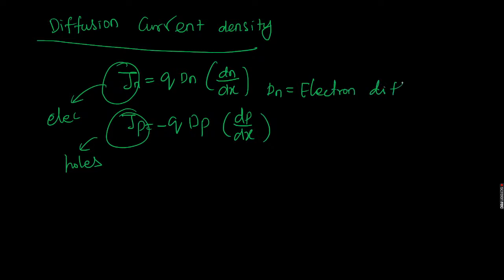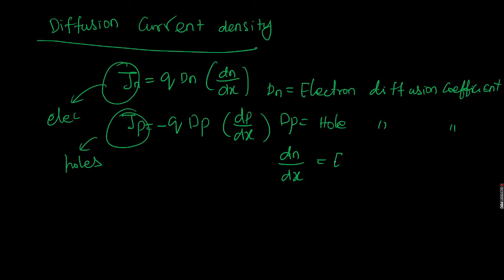This is electron diffusion coefficient. Similarly, Dp denotes what? Hole diffusion coefficient. Then dn divided by dx is what? Electron concentration gradient.